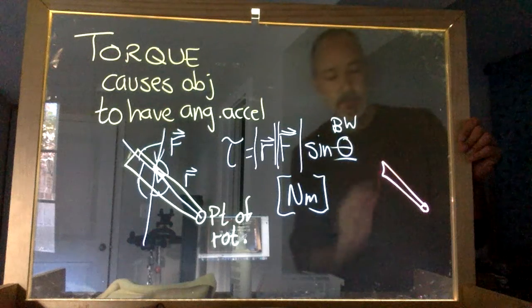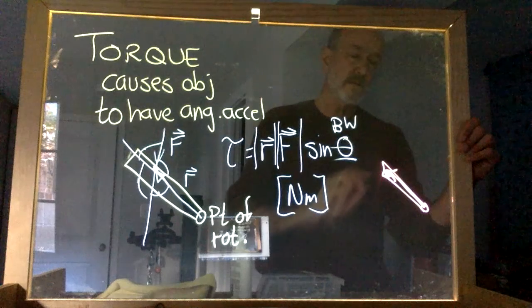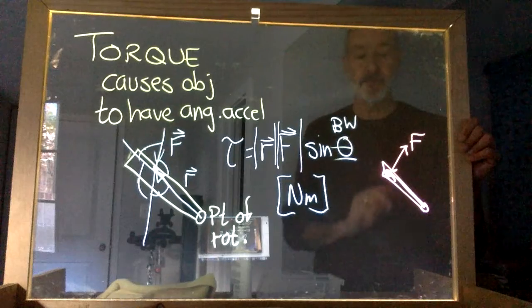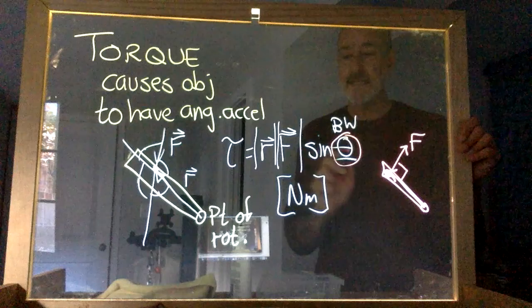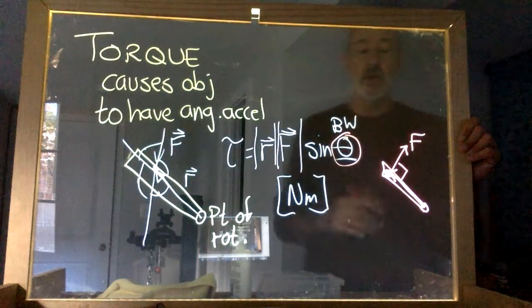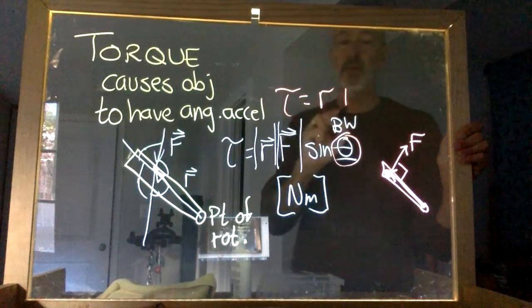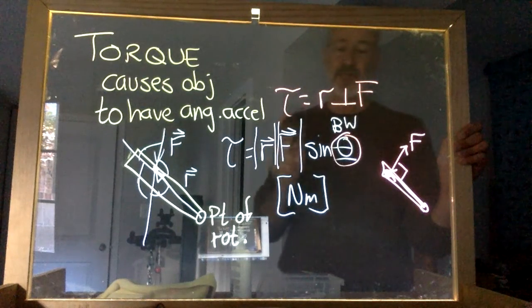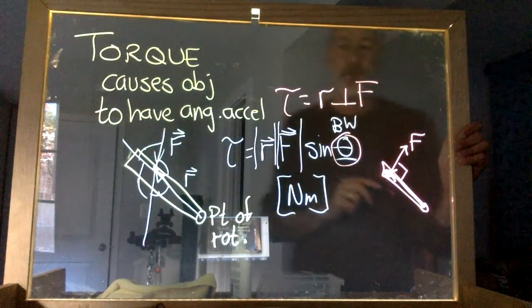It's to push exactly perpendicular to R. So when the angle is 90 degrees, the sine is 1, then it's R times F. We sometimes write this in AP1 as torque equals R perpendicular to F. It's really talking about F sine theta, so it's like what part of F is perpendicular to R.